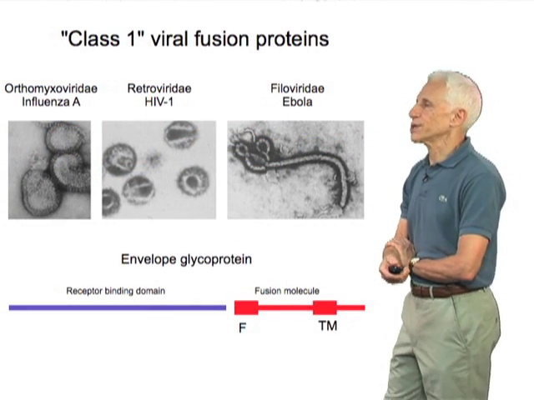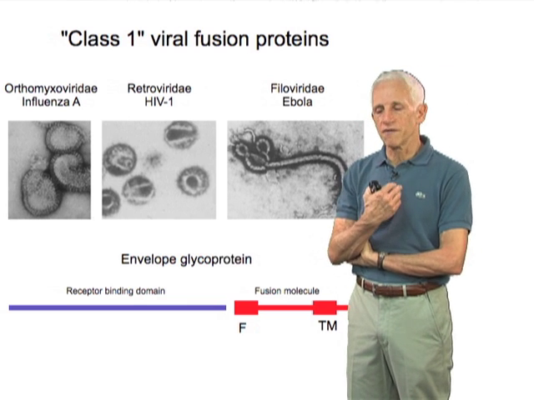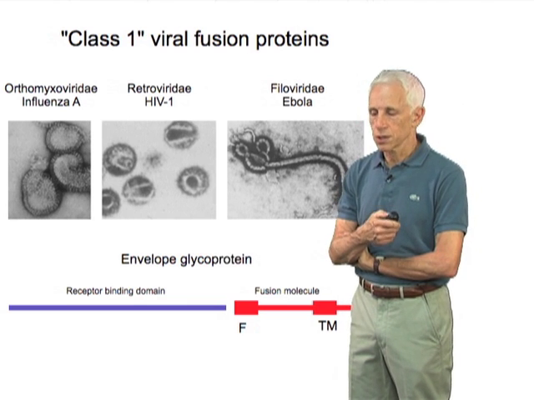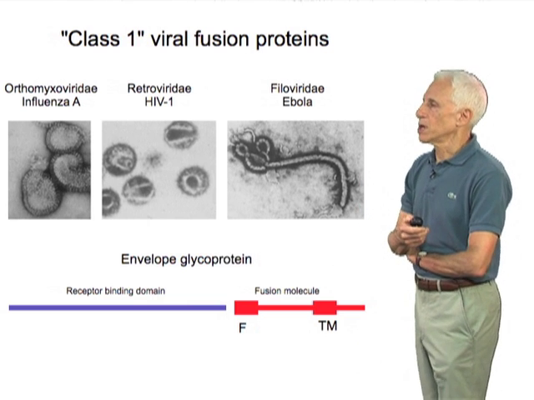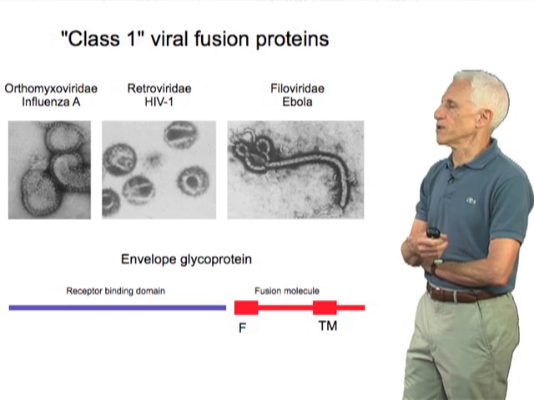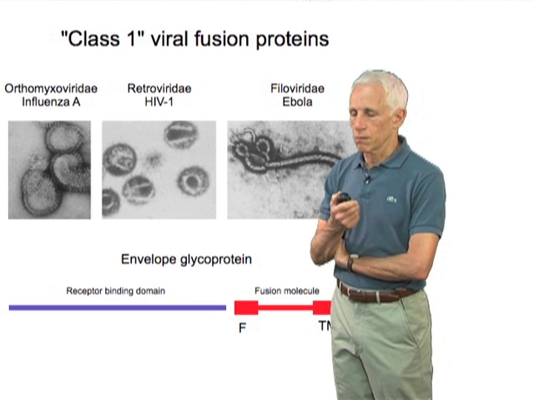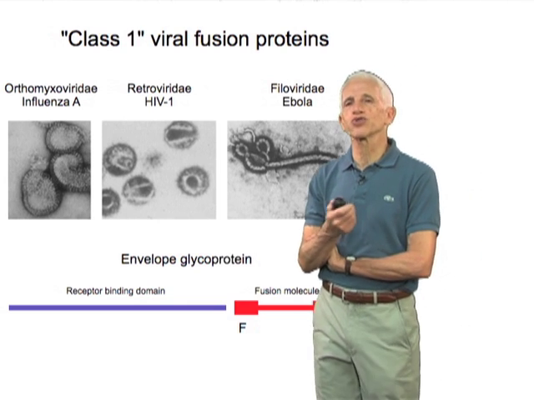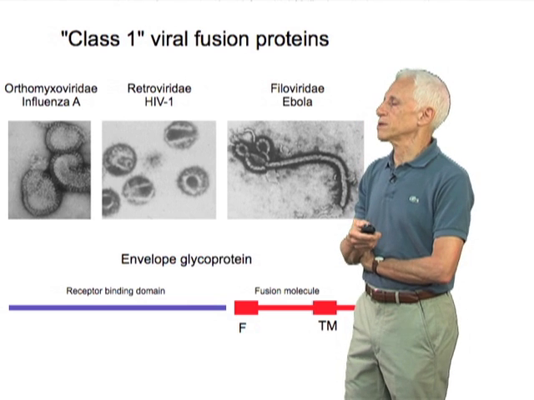We'll talk almost entirely about the fusion protein of influenza virus, the so-called hemagglutinin. It's a member of a class of viral fusion proteins, all of which have the following properties. Sometimes, because they were the earliest ones characterized in molecular structural terms, they have come to be called class 1 viral fusion proteins.